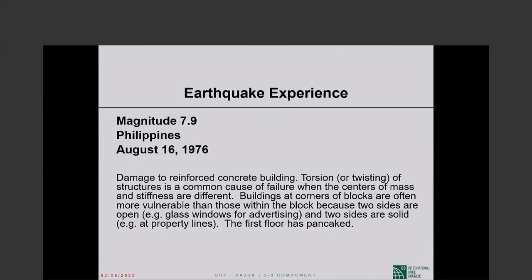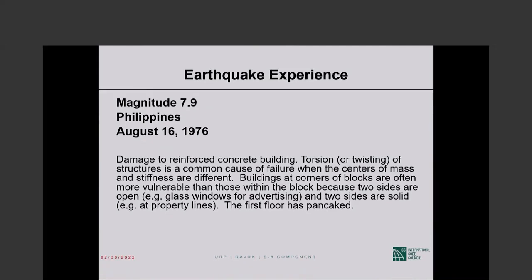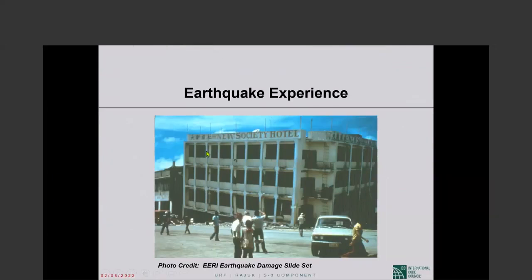Philippine earthquake, this is Manila, 1976. This kind of building is very common again around the world. It is at the corner of two streets. The street faces of the building are open. There are no walls. You don't want walls. You want exposure to the outside. You want outside people to see you, your stores and whatever. So the two back faces have walls.